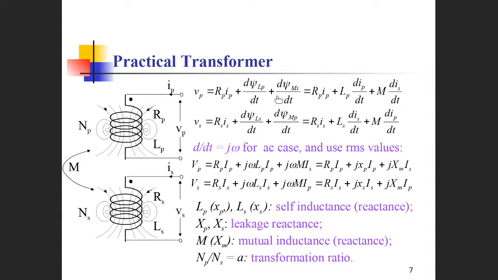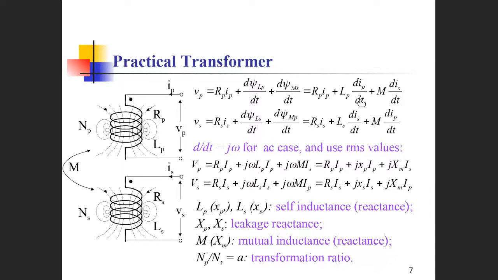And this is the flux linkage change that comes to the secondary due to the mutual inductance. Here is the resistive voltage drop on the primary coil.